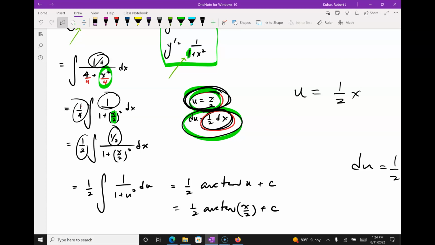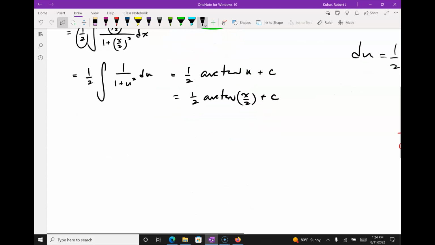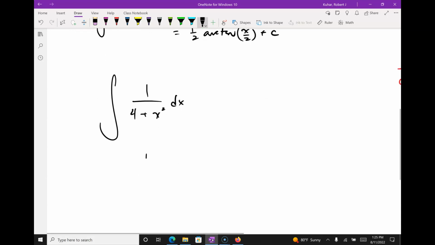Yeah, so I have a couple of choices here. Let me go back to this, right? So just looking at 1 over 4 plus x squared, I could factor. So I could take out a 4 downstairs. And the 4 obviously becomes a 1, and the x squared becomes an x squared over 4, right?